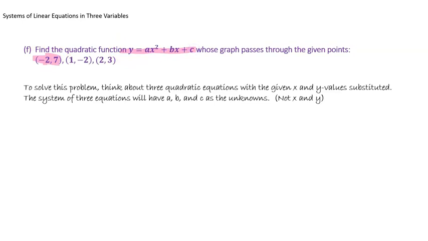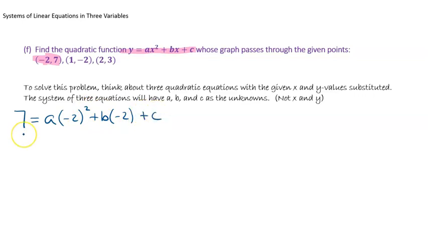What do you mean plug it in? My x is negative 2 and my y is 7. So I'm just going to plug that right in. So I have 7 is equal to a times negative 2 squared plus b times negative 2 plus c.